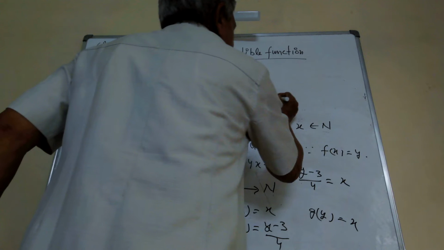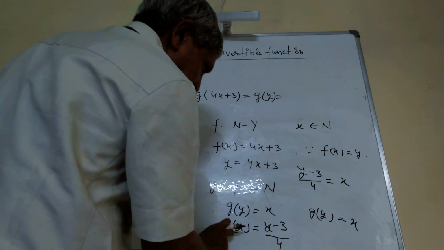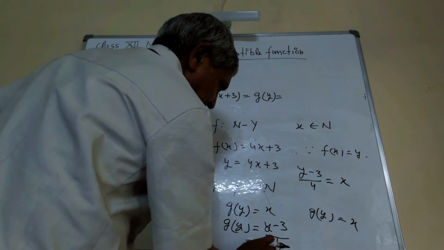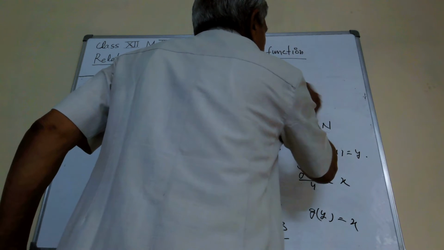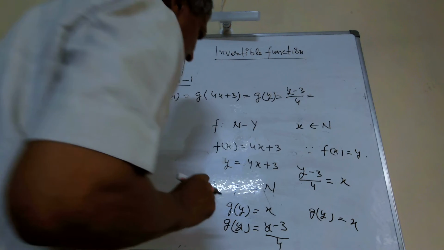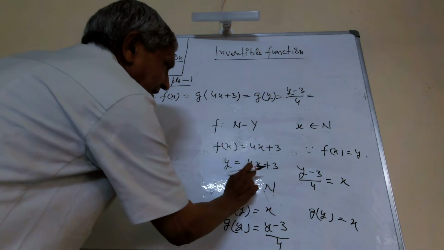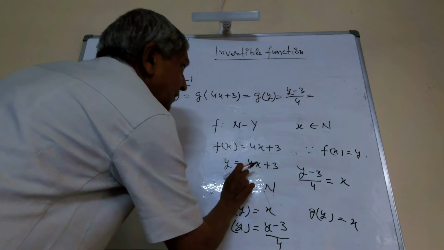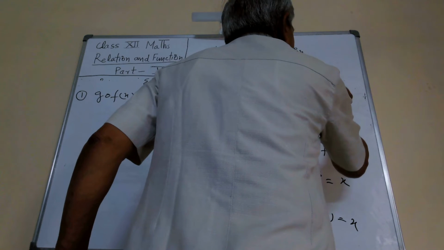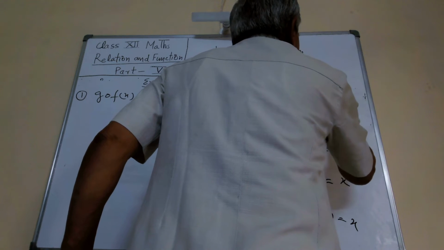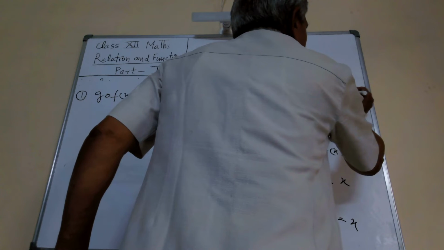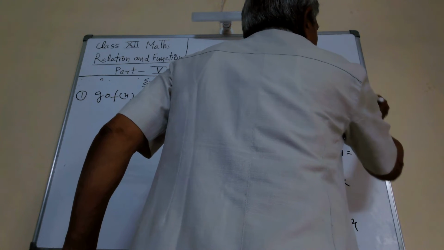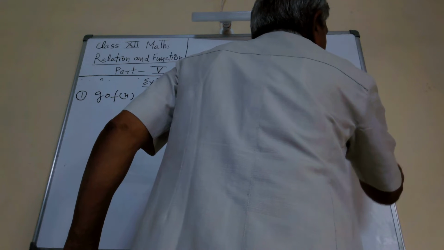And what is the value of g(y)? g(y) is equal to y minus 3 upon 4. By putting the value of y, which is 4x plus 3, we get 4x plus 3 minus 3 upon 4. The 3 and 3 cancel, and 4x upon 4 is equal to x. This is the first condition.